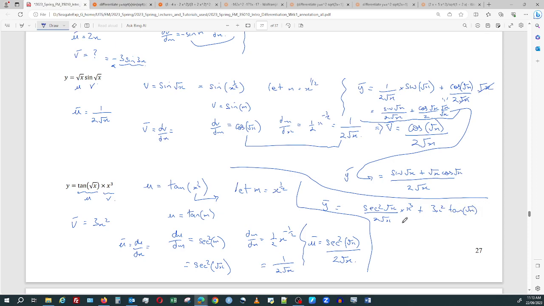So again, I think making 2 root x the same, because this is over 1, will allow you to put it in terms of. So that's actually done. I'd be happy with that.